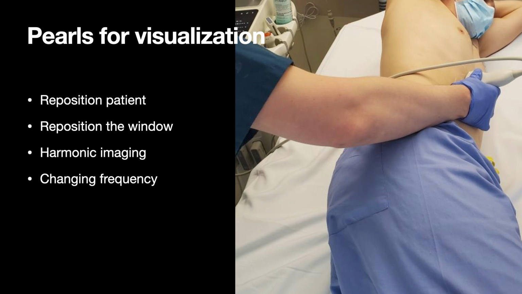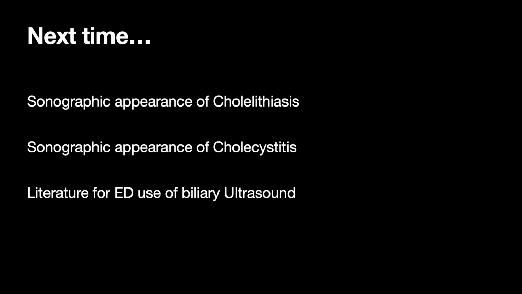So that's today. Next time we meet, which will be in 2 weeks, we're going to discuss abnormals, right? This is the normal gallbladder. Next time we're going to talk about the abnormal stuff: the sonographic appearance of cholelithiasis, gallstones, and the sonographic appearance of cholecystitis. What does the inflammation of the stone-filled gallbladder look like?